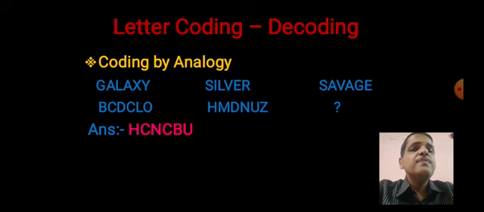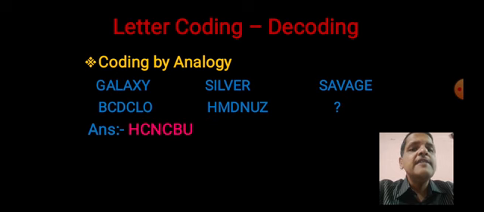Then what will you do? You have to code directly. What is used for S in SILVER? H. What is used for A in GALAXY? C. Position 2, 2, 1, 1. Like that, you have to see the number in the word and in the code. For V, what is used? Fourth position, in HMDNUZ, N is used. For A, what is used?